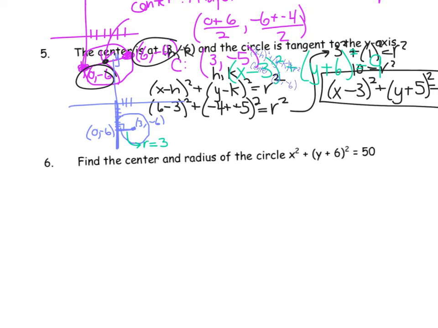So that's our center. Now here we see that the radius squared equals 50. So if I want just the radius, I square root both sides and I simplify the square root of 50. Perfect square inside of 50 is 25 times the square root of 2, giving me 5 square roots of 2. Okay, so that's my radius. That is my center.